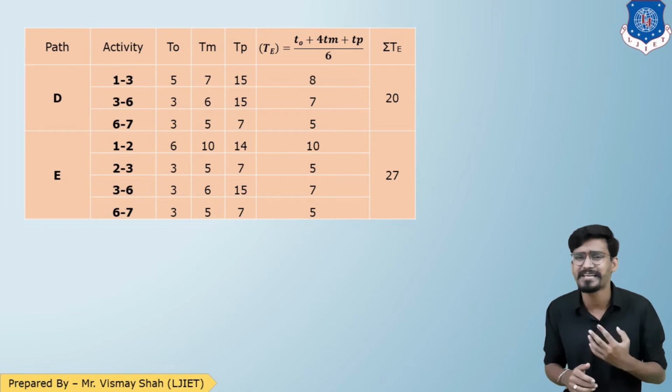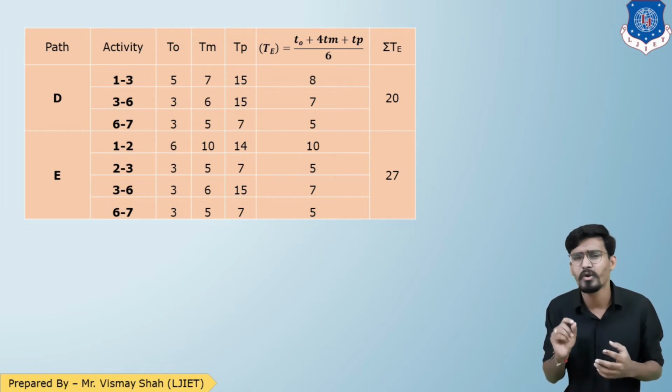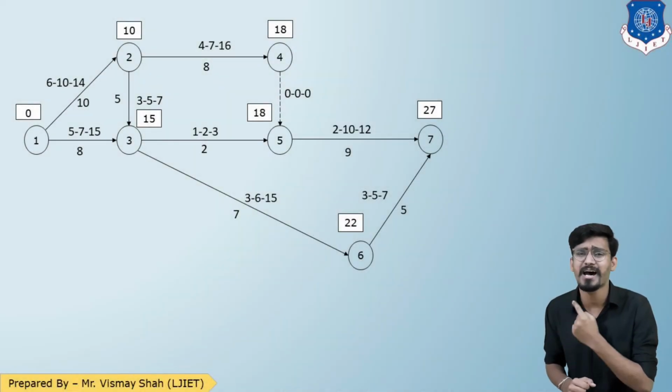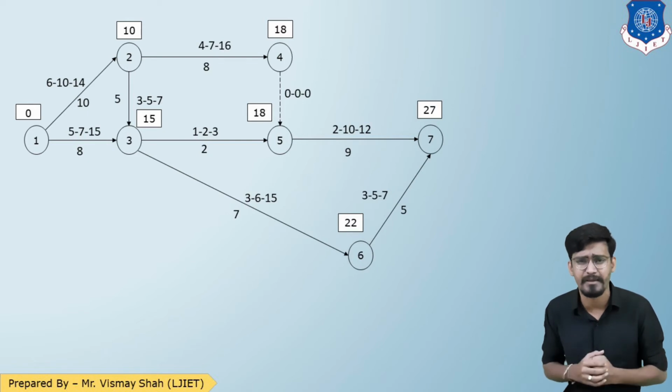From paths A, B, C, D, E, we know the individual timing of the activities. So let us represent those individual timings in the network. Alright, so here is the network with the individual timings.